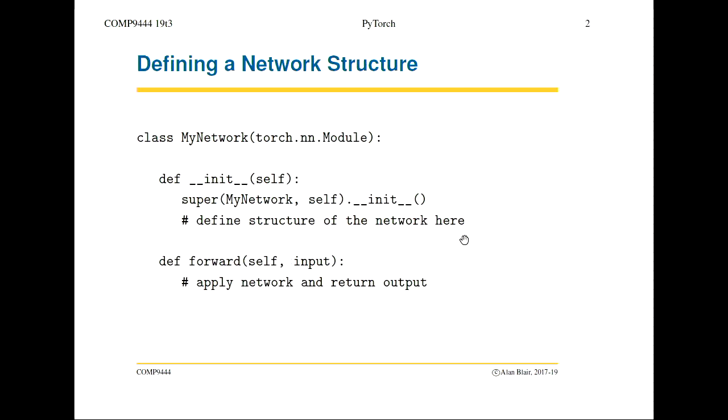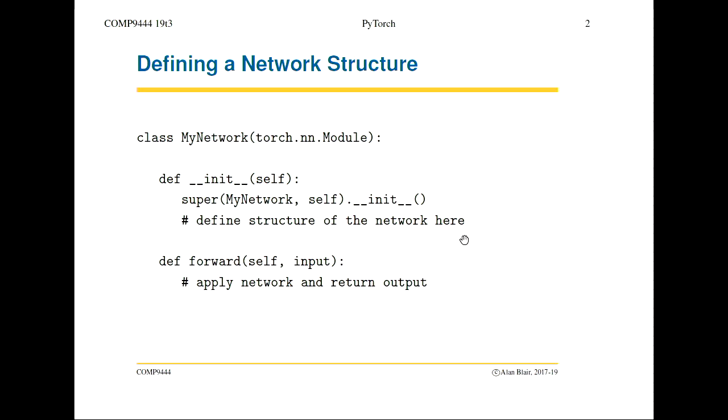The network extends the class torch.nn.Module. So you'll have an init method, in which normally you'll call the init method in the Module class, and then underneath that you'll have some code that defines the structure of the network.